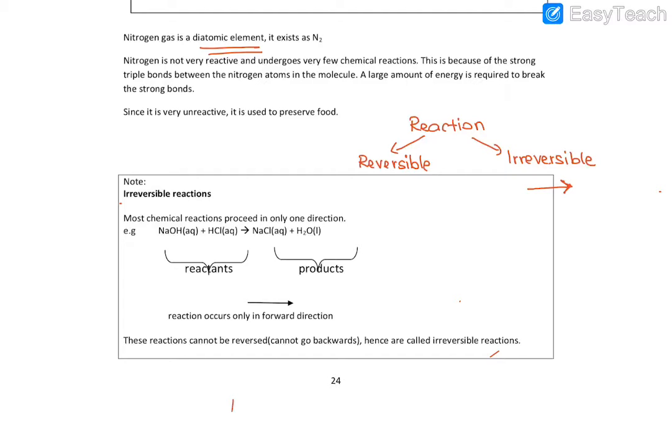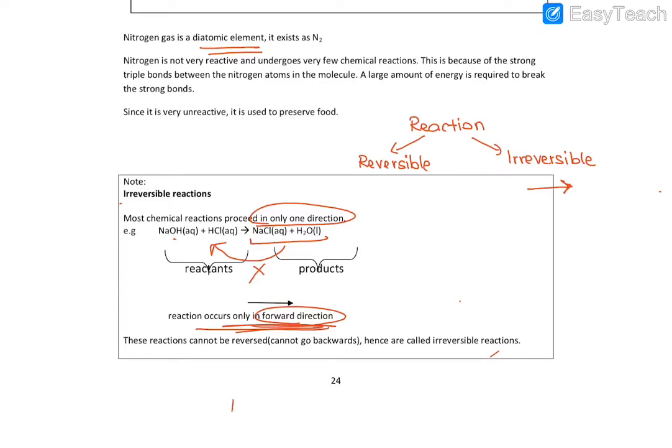Irreversible reaction means that once the reaction is over, you cannot go back to the starting point. It proceeds in only one direction. For example, if you have acid reacting with a base, once the reaction is over, you cannot get back the acid or the base. So it proceeds in only one direction, the forward direction.